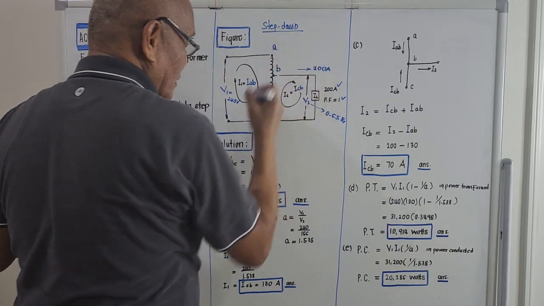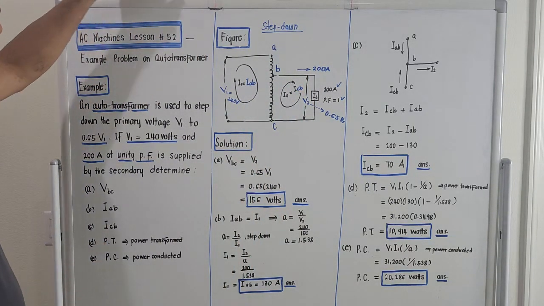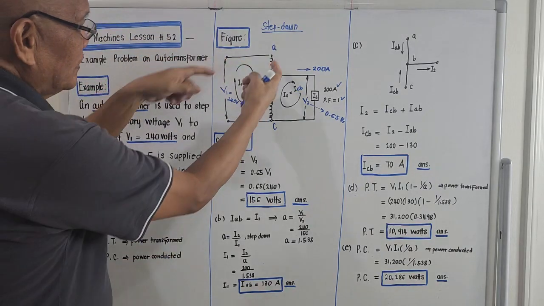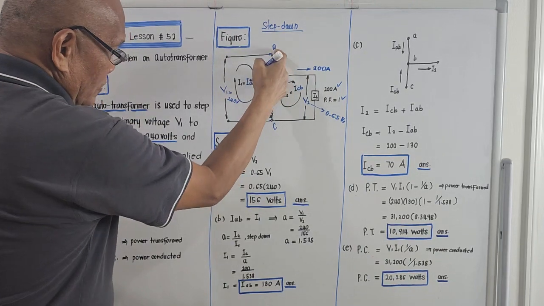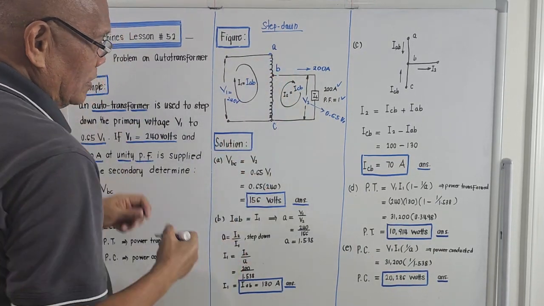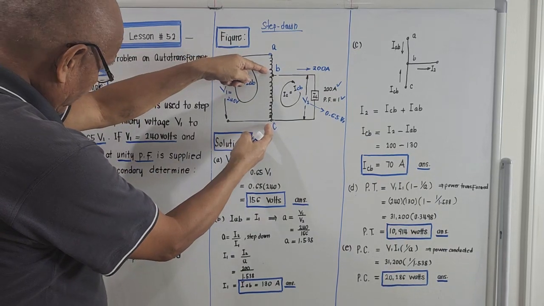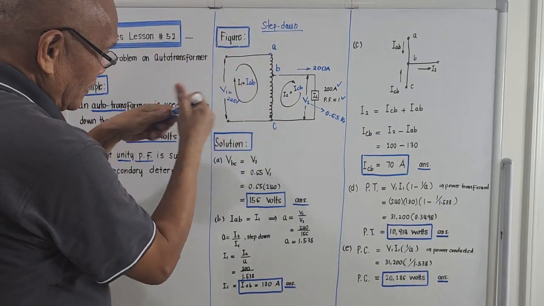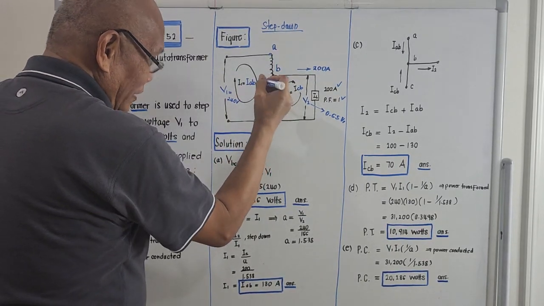The problem is asking what will be the voltage across BC. This is terminal A, terminal B, and terminal C. Then, the current passing through terminal AB, as we are given the markings.